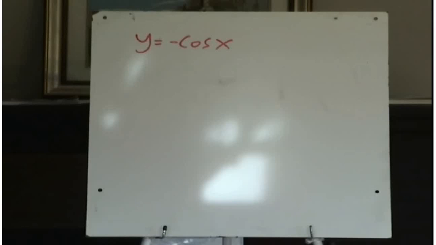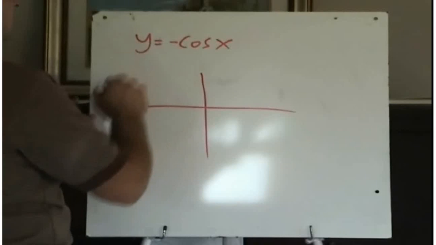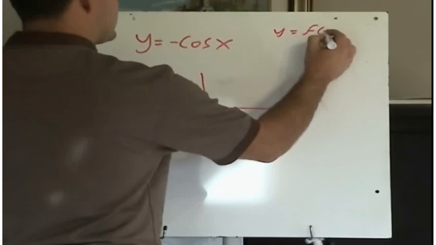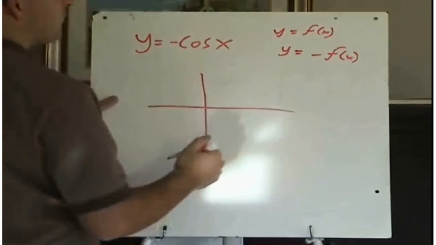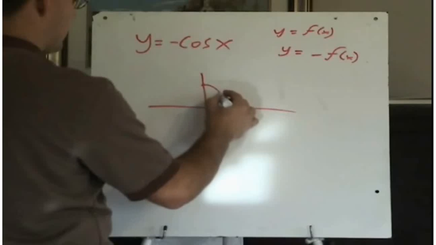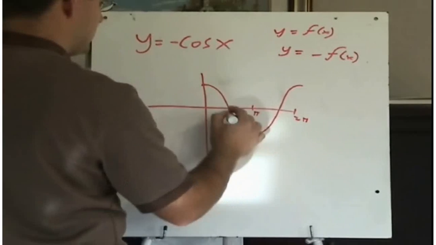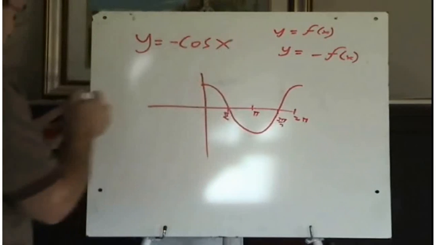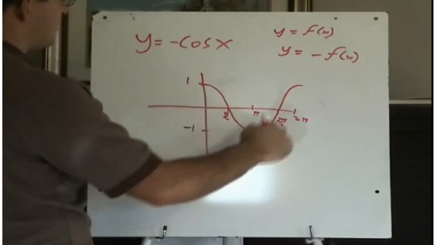And just before I move on to the next expectation, I want to remind you that we could also have a negative coefficient. And if you remember, if you have y equals f of x and y equals negative f of x, a negative in front is a reflection. Remember? Reflect in the x-axis. So a cosine graph, which normally would look like this, if we were graphing y equals negative cosine x, okay, so there's cosine x.